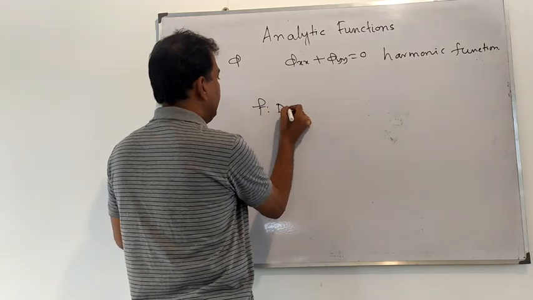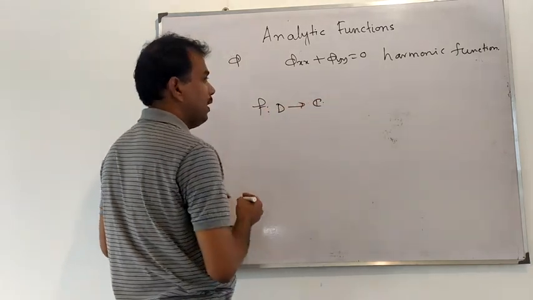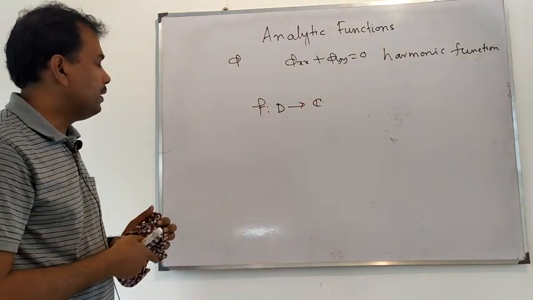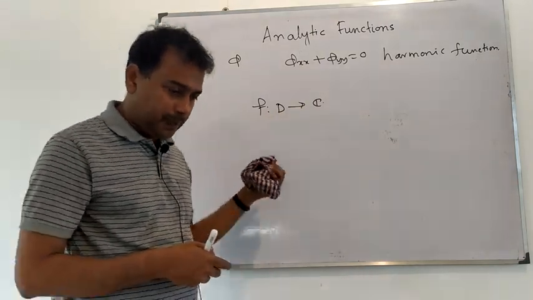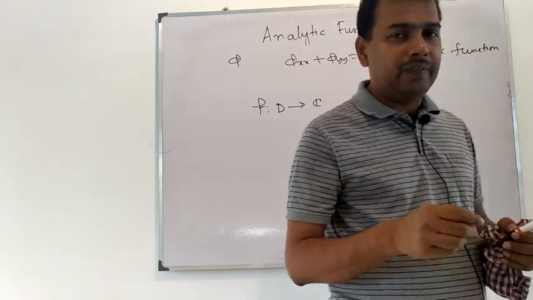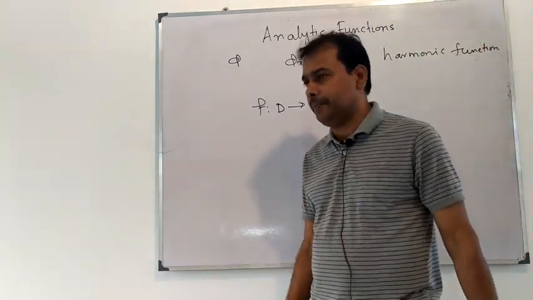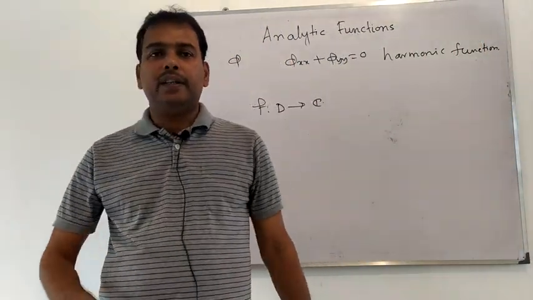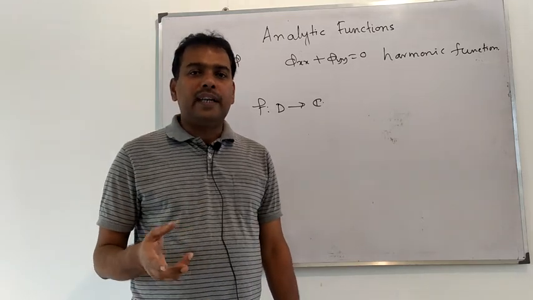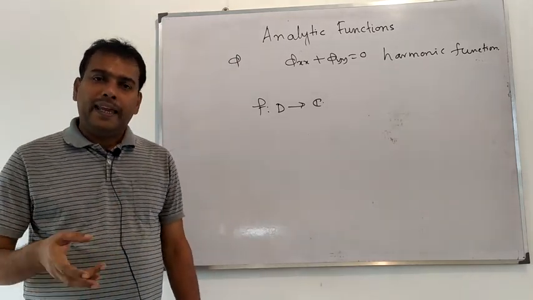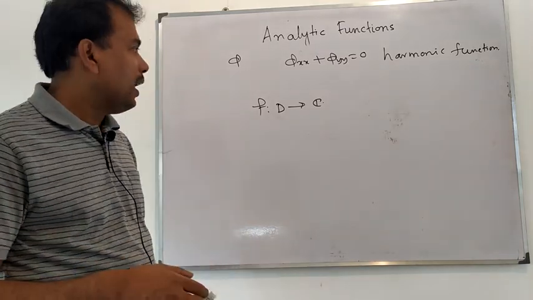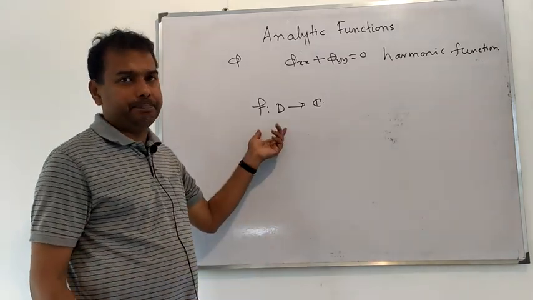If D is a domain and f from D to C, f is a complex function, if f is analytic on D, then all the derivative functions of f exist and are analytic on D.